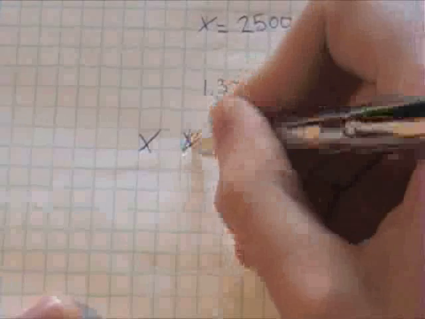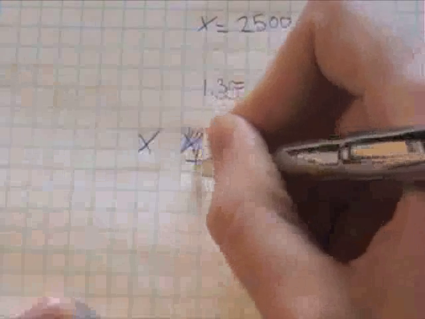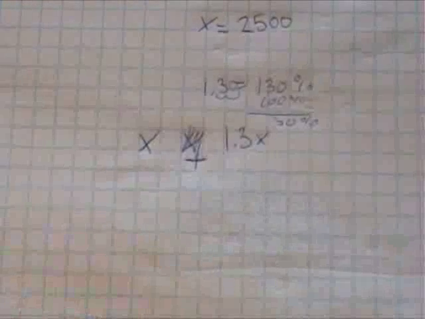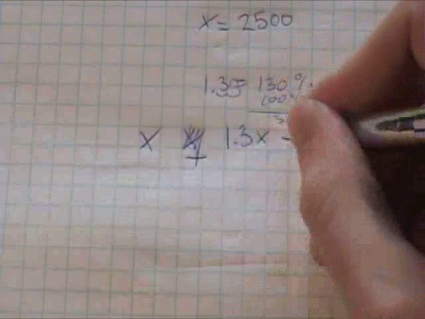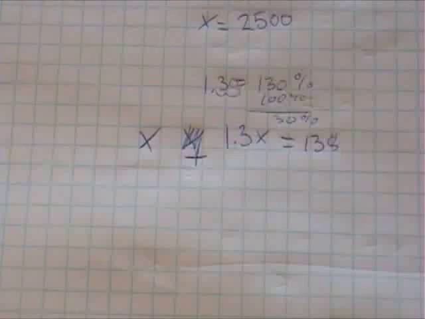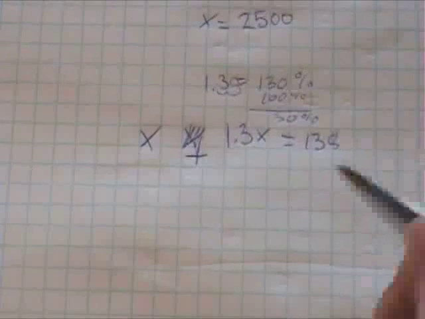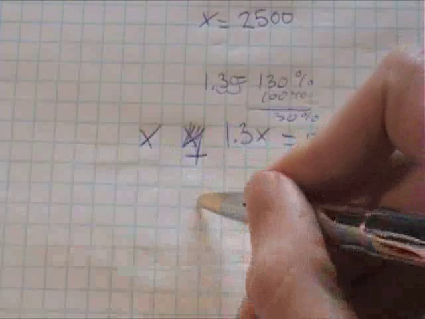So x and 1.3x. There's the sum of them. Oh, that's not a sum sign; we'll use the plus sign right there. The sum of these two put together should equal 138. These are like terms, so let's combine them.